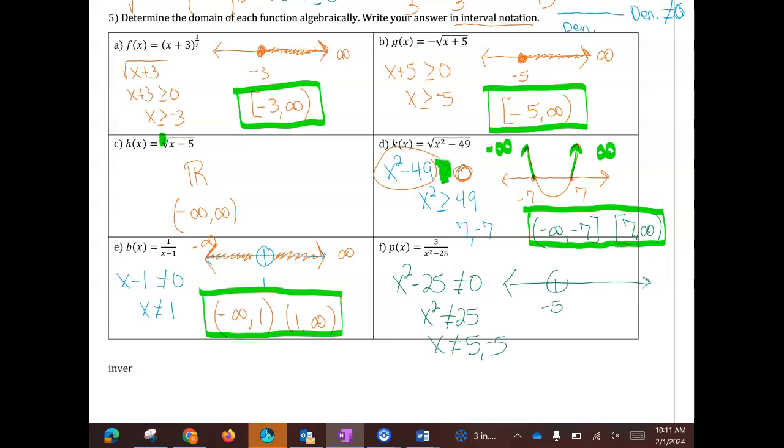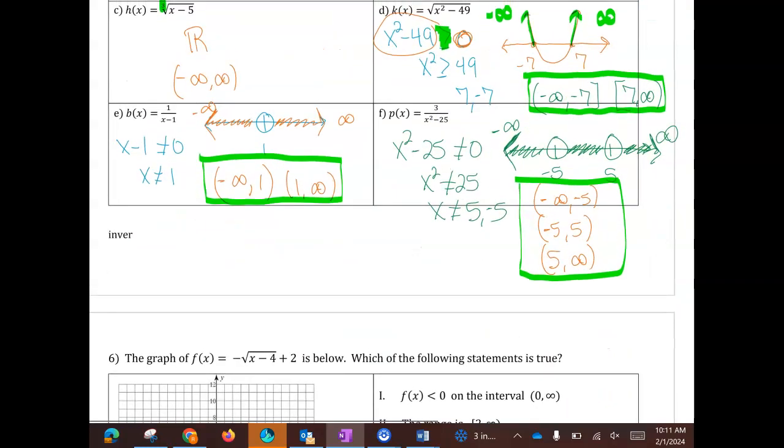So here's -5, open circle, 5, open circle, and that means it can be here with this arrow, and between those numbers, and to the right of the 5 with an infinity sign there. And now my alligator's happy in 3 spots. So I've got -infinity to -5, -5 to 5, and 5 to infinity. And then here is my answer for F.